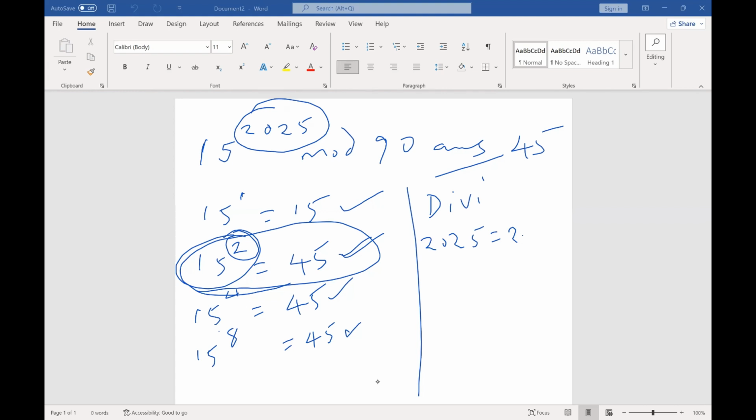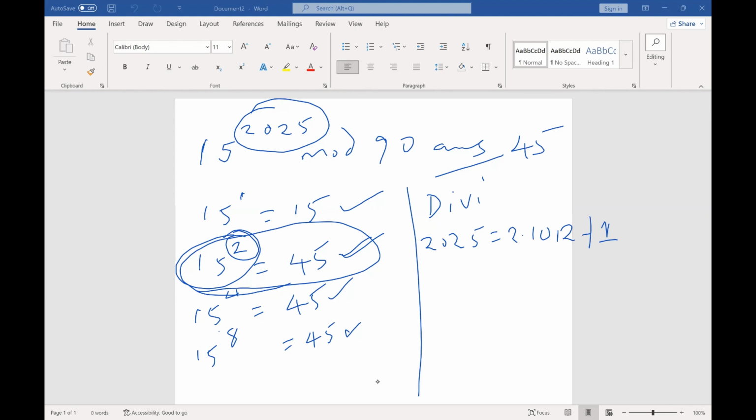Just divide 2025 by 2. It is 1012, and the remainder is 1.